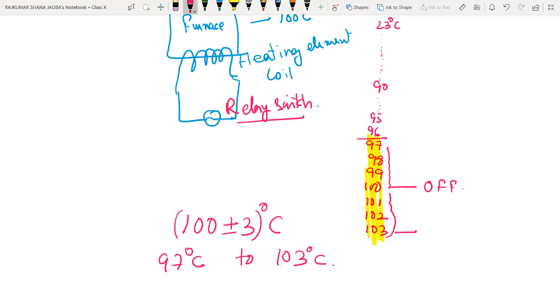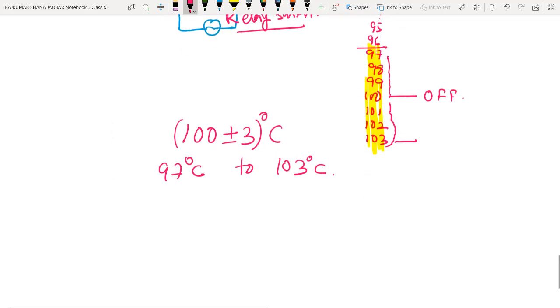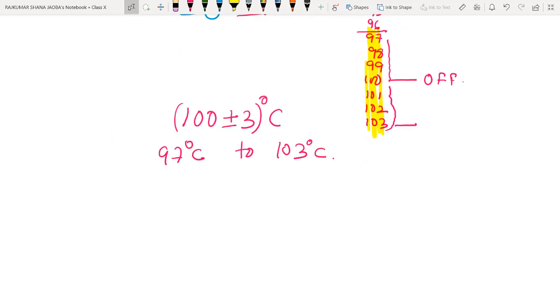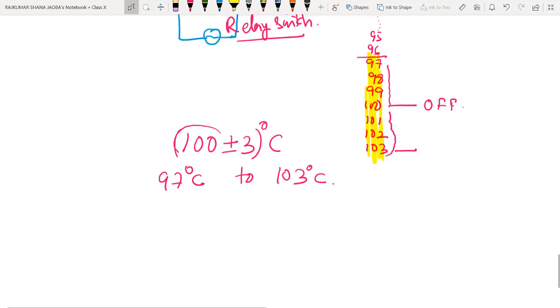You cannot exactly maintain the furnace at 100 degrees Celsius. The temperature will vary between 97 and 103 degrees Celsius, so error is also associated.